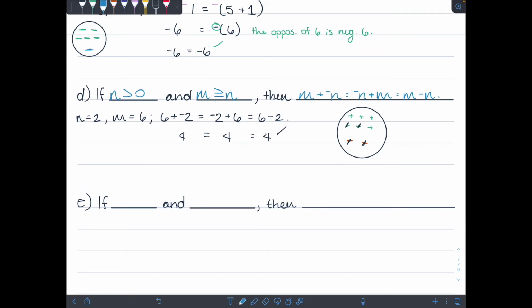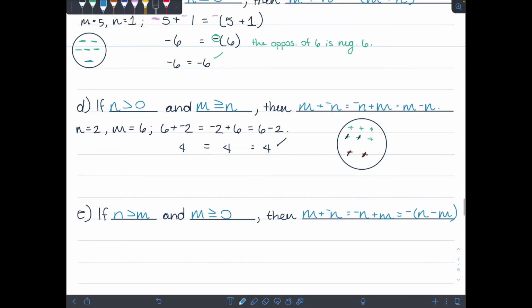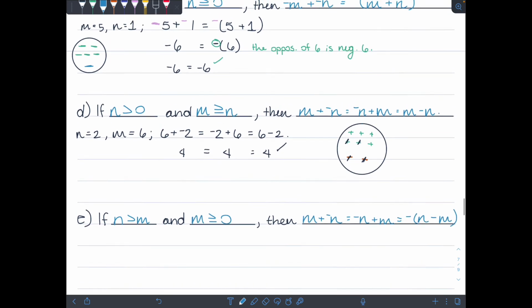Alright, next we are at the last one. If n is greater than m, and m is greater than or equal to 0, then m plus negative n is equal to negative n plus m, which is equal to negative parentheses n minus m.